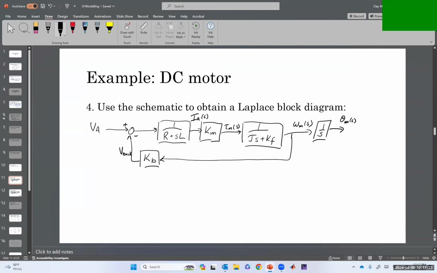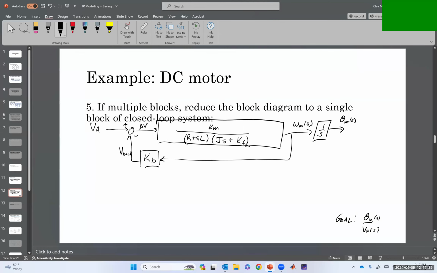So this voltage here is the delta V across the armature, across the R and the SL. I hesitate to call it an error, but that delta V signal is still right here. Before, it was the output of the summing junction, and it's still the output of the summing junction. We haven't touched the summing junction. It's the same signal.